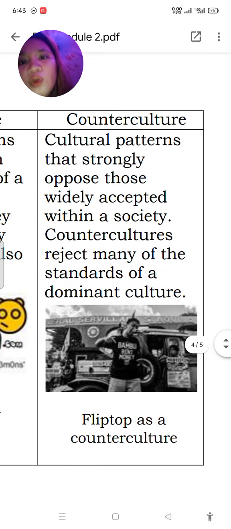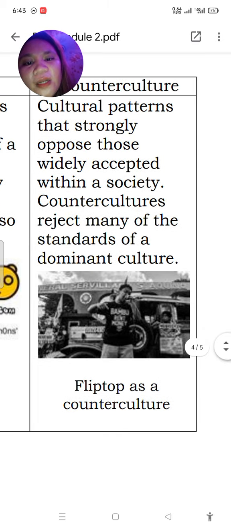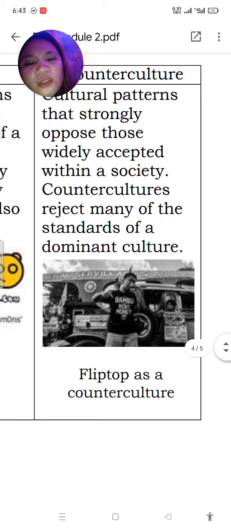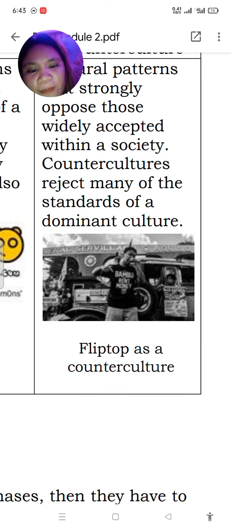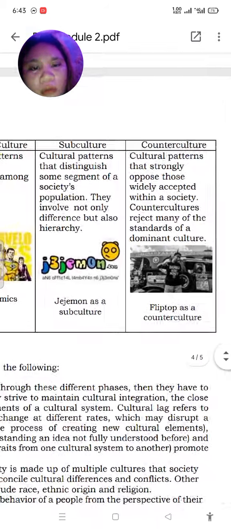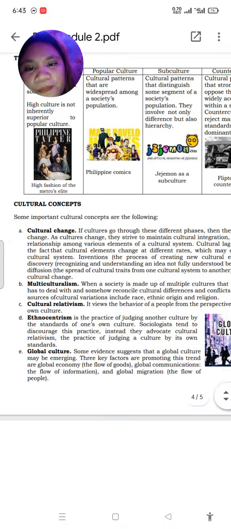Counterculture. Culture patterns that strongly oppose those widely accepted within a society. Countercultures reject many of the standards of a dominant culture. So flip top as a counterculture. So these are types of culture.